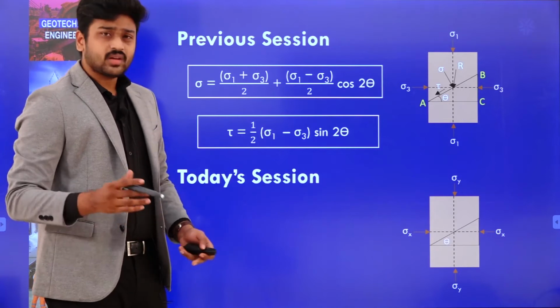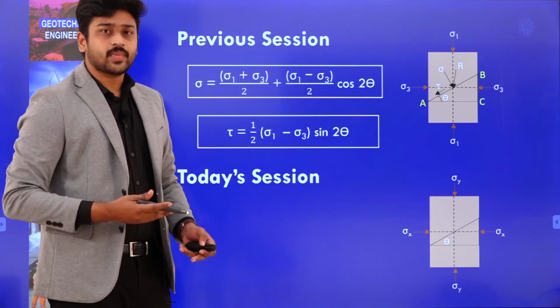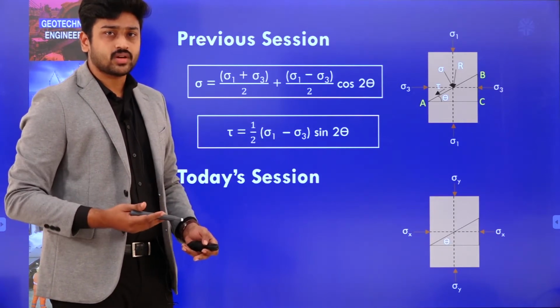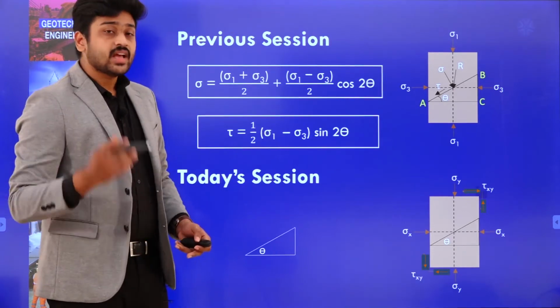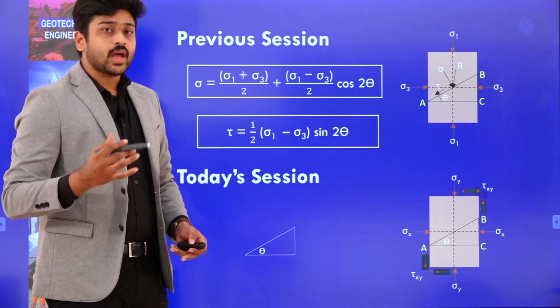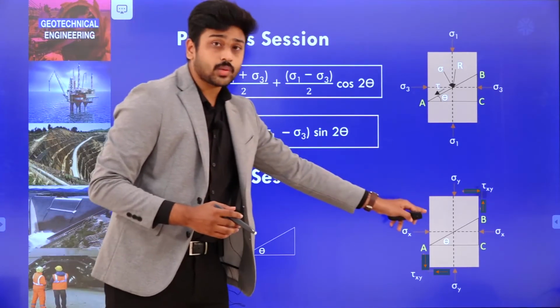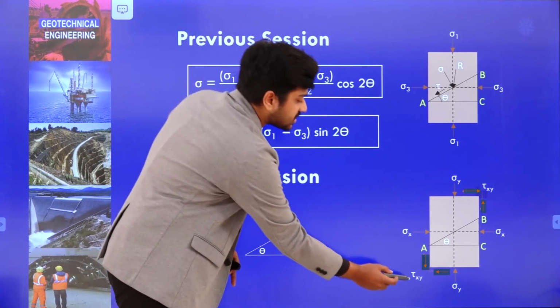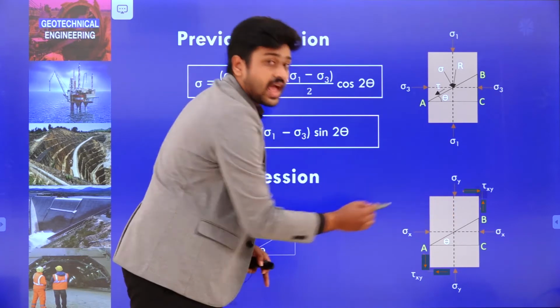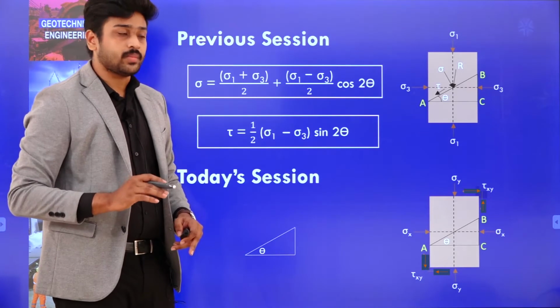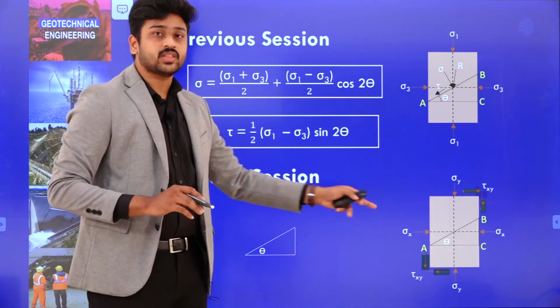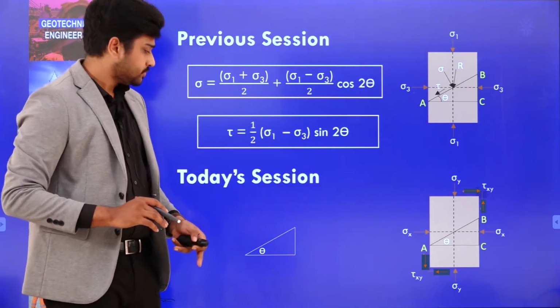In a similar way, we assume a plane making an angle theta with the horizontal and denote it A, B, C, D. Since these are not principal planes, additional stresses, tau xy, will act on the surfaces of these boundaries. That is the major difference between the previous session and today's session.